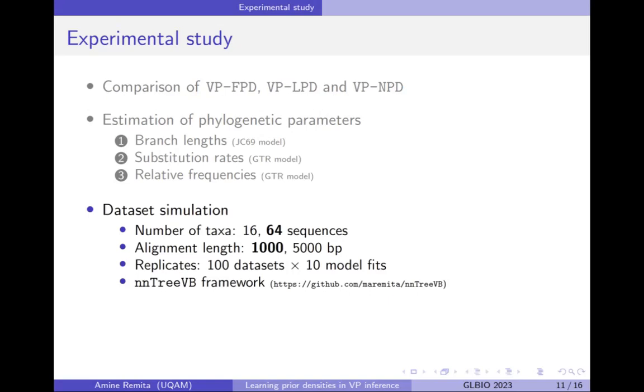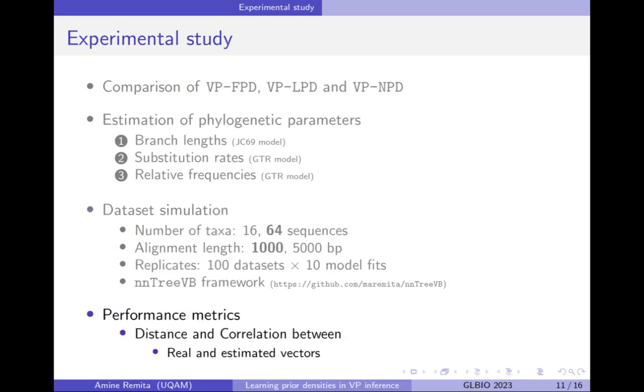We implemented and employed the NN3VB framework to perform the simulations and the inference. Finally, I will report the evaluation results in terms of the normalized Euclidean distance and the correlation coefficient between the real values used to simulate the data and the estimated values of the parameters.